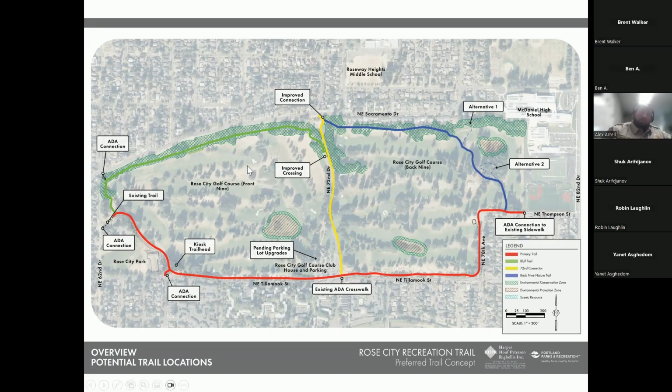The green trail, we're considering to increase access to nature, and we think that would solve that goal of increasing access to nature and enhancing current trails and the access that people have to get into the trees and away from busy streets. And then the yellow trail, we're considering as another connector trail that would improve that north-south connector all the way from Tillamook up to Northeast Sacramento.